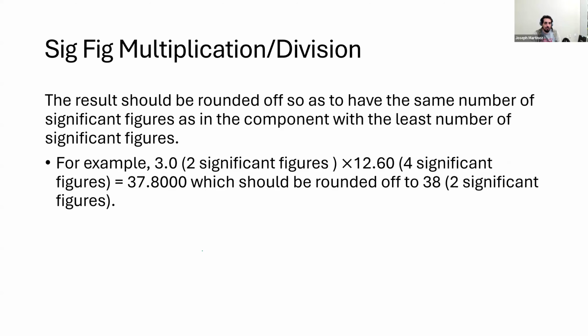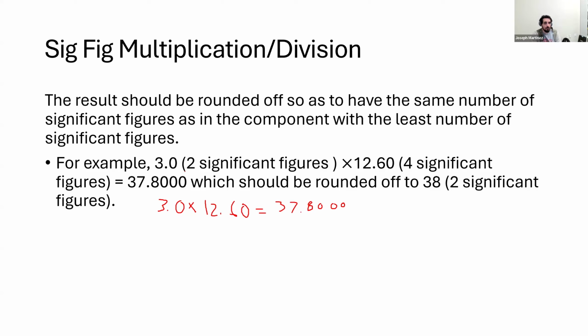So here we have the operation where we are going to take the value 3.0 and multiply it by 12.60, right? You take those numbers, you multiply them together, you get 37.8, and then we can insert some zeros after the fact, however many we want to go down. But not all of those zeros are going to be significant.